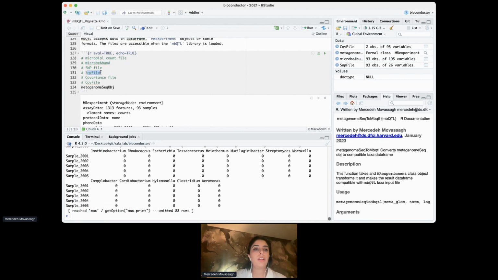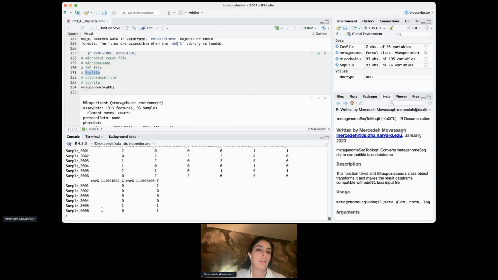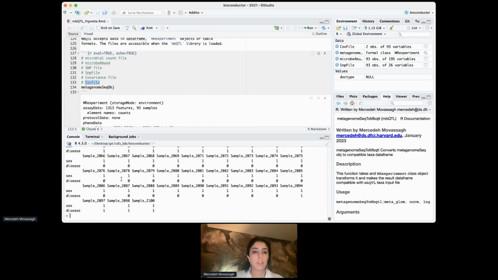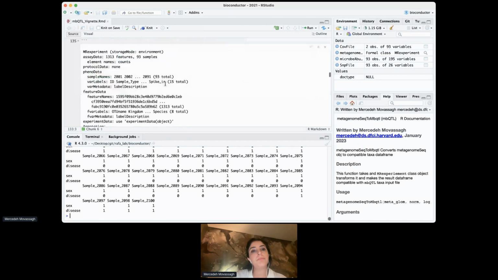Your SNP file has SNPs again on the col names, and on the row names you have the sample names, and your covariate file has the covariates the other way around. So now your col names would be your samples and your row names would be your covariates.